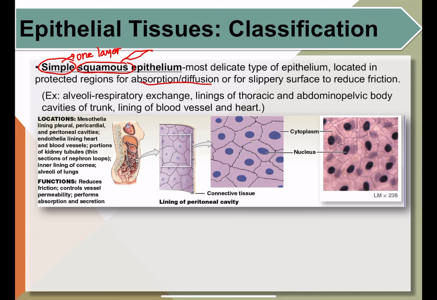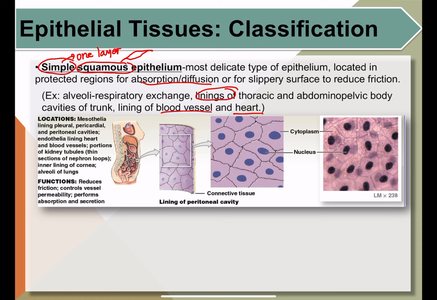Or, like I was saying, this type of epithelial tissue can be used as a surface to reduce friction, for example in serous membranes, which line your body cavities, such as those around your lungs, your heart, or your abdominal cavity. Blood vessels are also lined with simple squamous epithelium for easy diffusion of nutrients and gases.